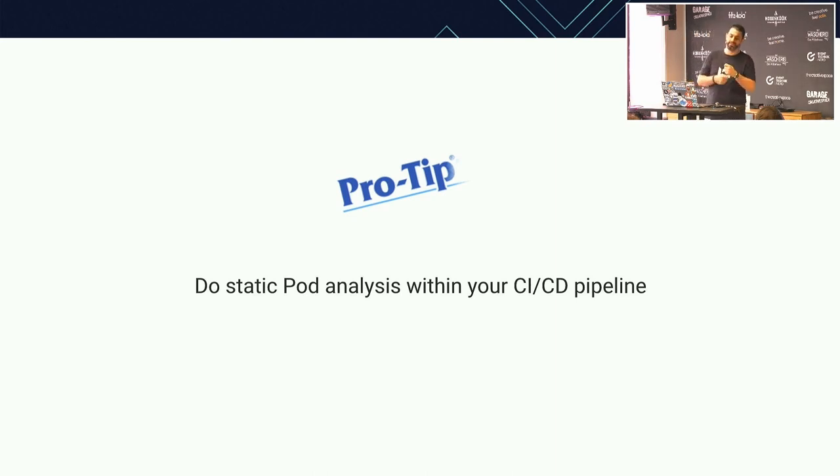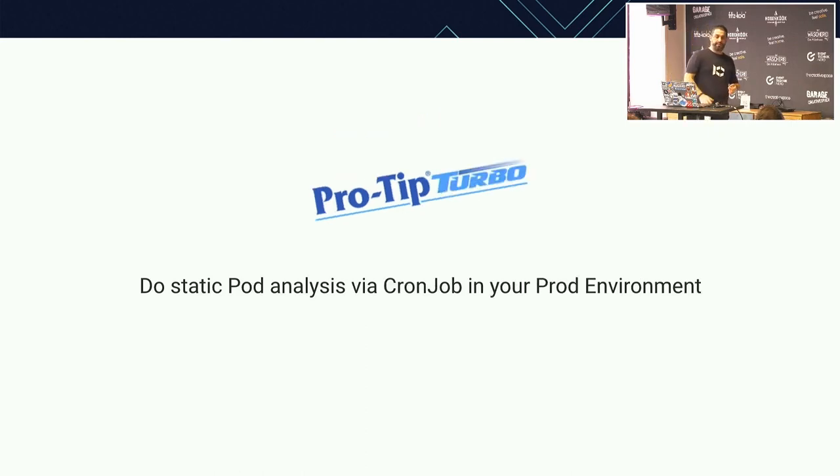Then you maybe do not merge that code and make sure that it will not actually go to production. And even better, you should do some pod analysis via cron job or via, what was the name, that Timo's tool. If you do such scans on your production servers, it's even better.